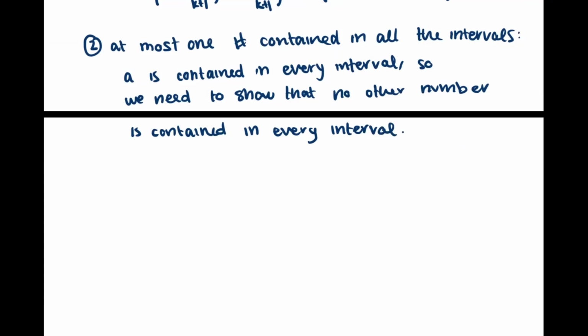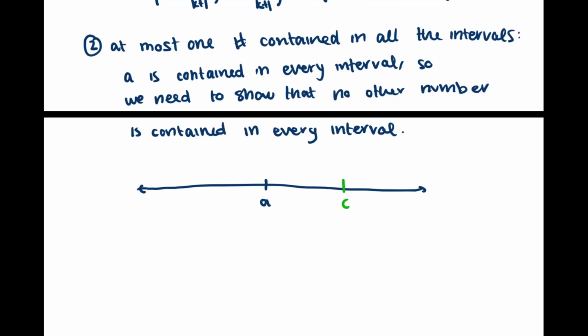Okay, so again, I'm going to draw a picture. Here's A. I'm going to take any other real number that's not equal to A. Let's call it C. If C is contained in every interval, then there is no interval that does not contain C. So if I can come up with an interval that does not contain C, then that tells me that C is not contained in every interval.